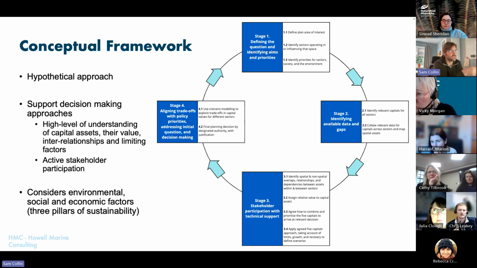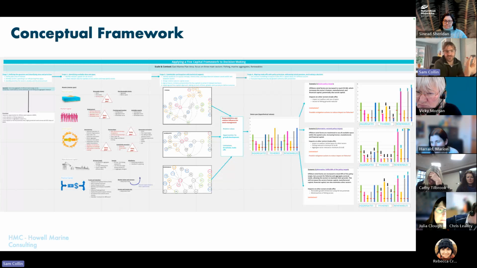And that's where you get through to stage 4, where you start to use scenario modeling to look at how different scenarios impact differently on the different capitals in the system itself. And then through that process of scenario modeling, it is up to the decision maker to use that to inform decisions.